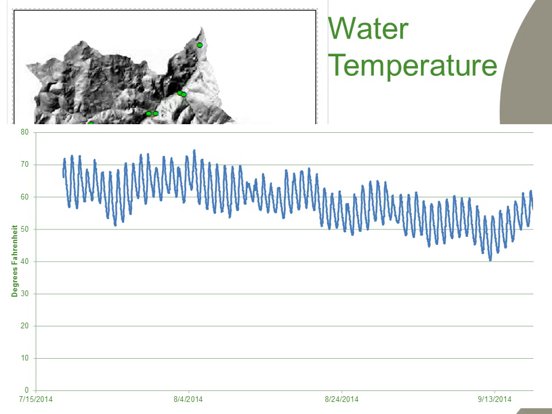There is variability in day and night water temperatures and throughout the summer. We call the day and night differences diurnal variability. This effect is exacerbated by the amount of shade riparian vegetation provides.